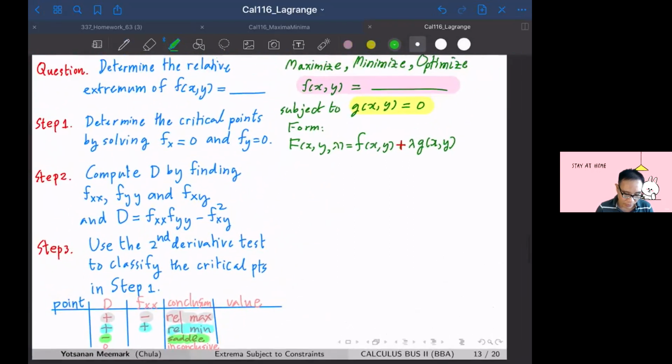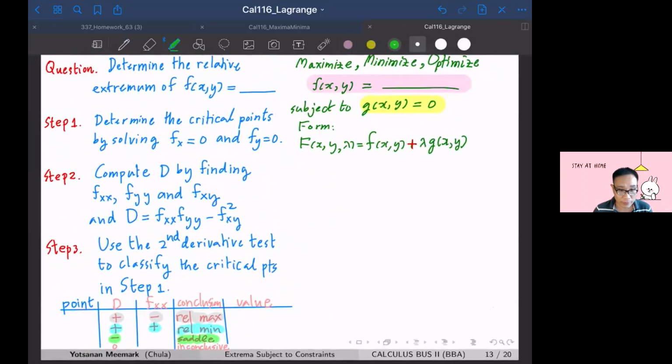So this is about the second derivative test. However, for Lagrange, the second step is you're gonna solve for the critical point.